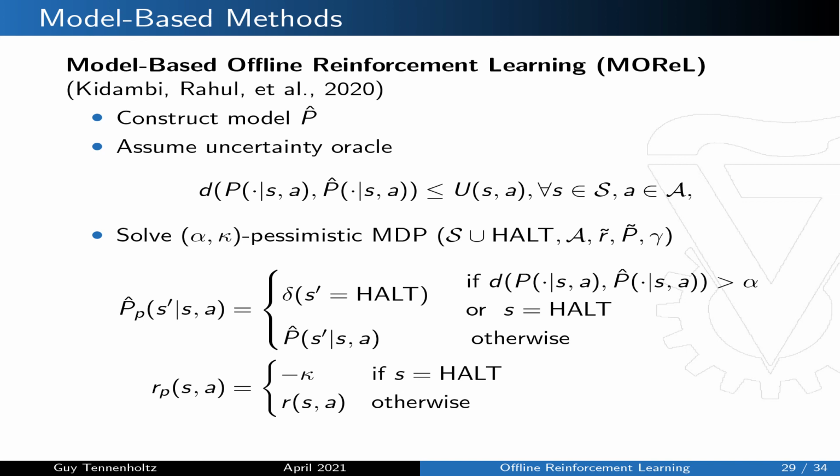So that's one way to incorporate pessimism through uncertainty. Whenever we are unsure about our model, we terminate the episode and give a negative reward.